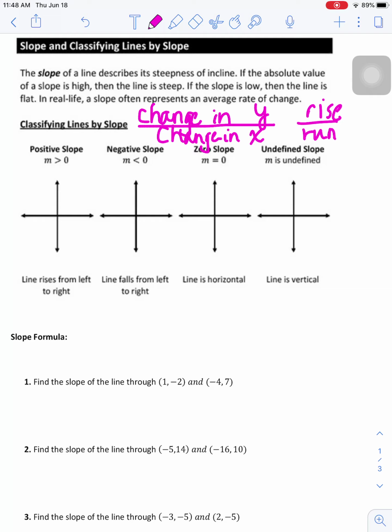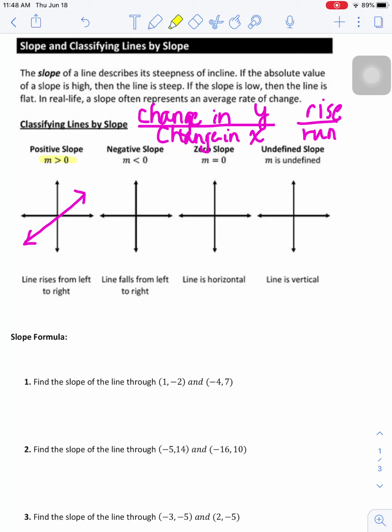Now, there are four different situations that occur when you find a slope. You could get a slope that has a positive value. I don't know why we do this, but in math, we represent slope with the letter m. So if your slope is greater than 0, or positive, you end up with an uphill line, when you look at it going from left to right.